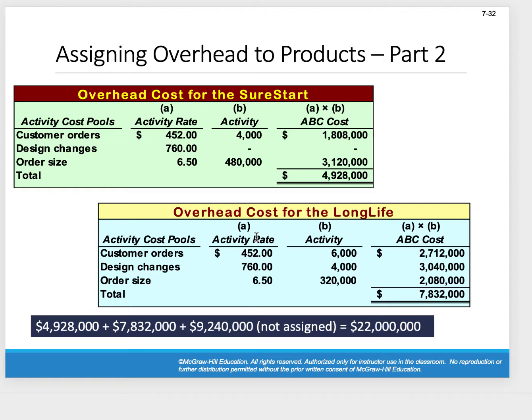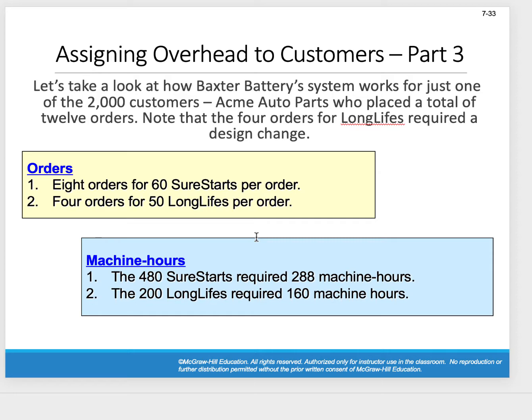So if we add the non-assigned cost, or the organizational sustaining costs, to the overhead costs that were assigned to SureStart and Long Life, we get our 22 million. Okay.